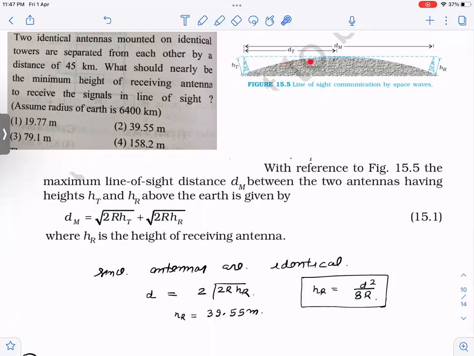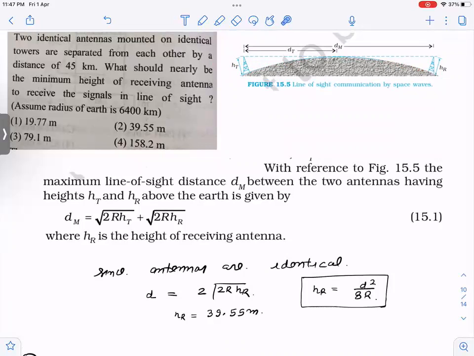Due to the curvature of Earth, line of sight, meaning one should be visible to the other, right? Then line of sight communication will not happen because of the curvature, right? So if you built the antenna here, see where I'm pointing, then it might happen that it can go up to here, and if it is coming here, due to the curvature of it, it will not be able to reach directly to the receiver antenna.